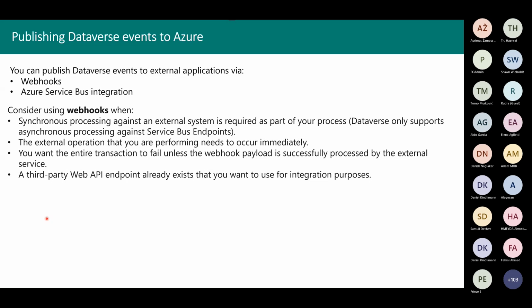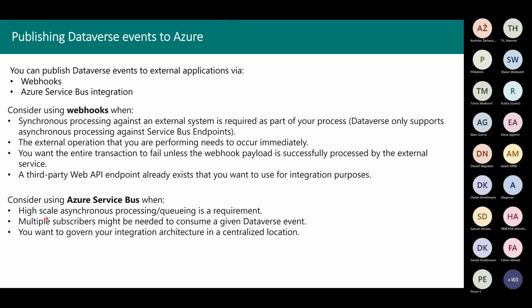And instead, a Service Bus integration is useful when, instead of real-time integration, you want high scale. So you want to decouple your Dataverse environment from the external applications, when you can have multiple subscribers, for example, that need to consume a Dataverse event, quite common scenarios. Or also if from Dataverse you want to expose different events to external applications, and external applications must be able to subscribe to only some events.